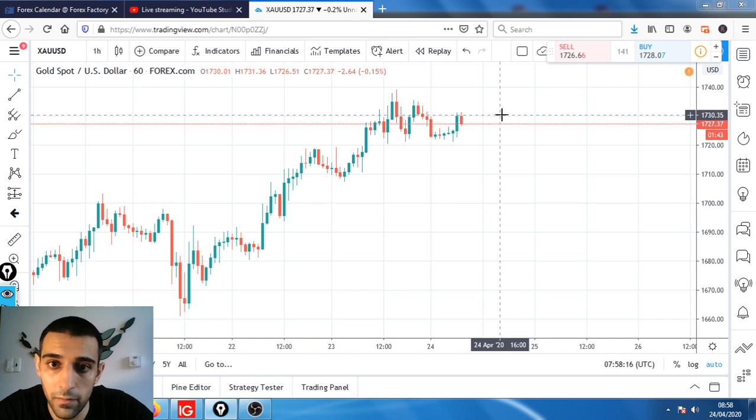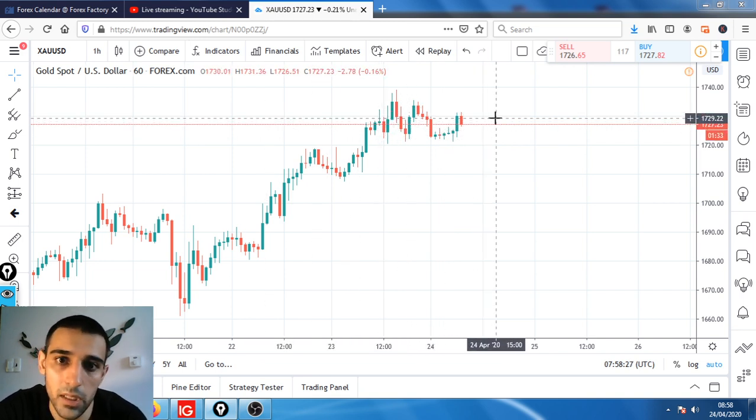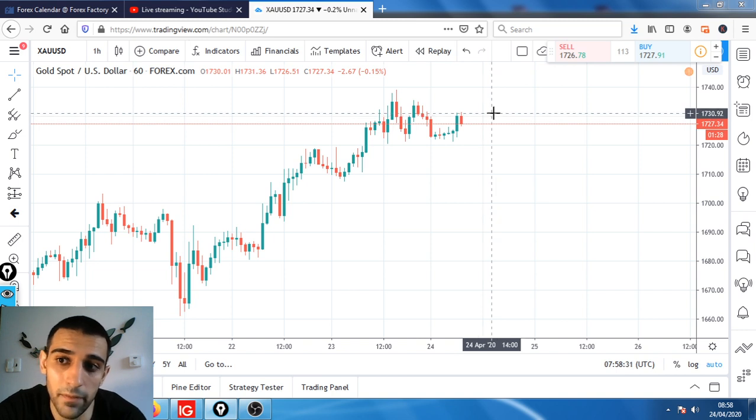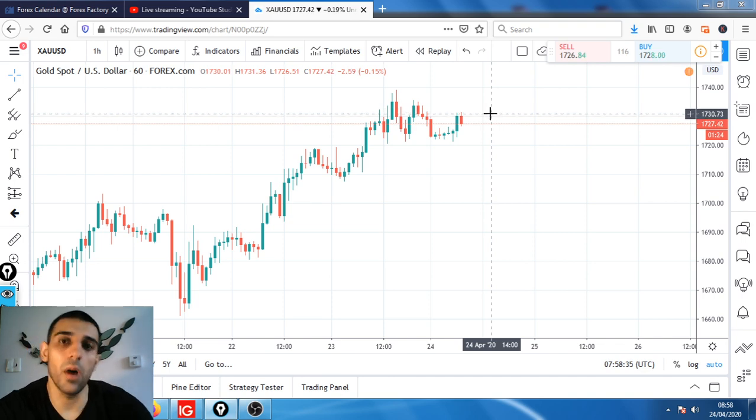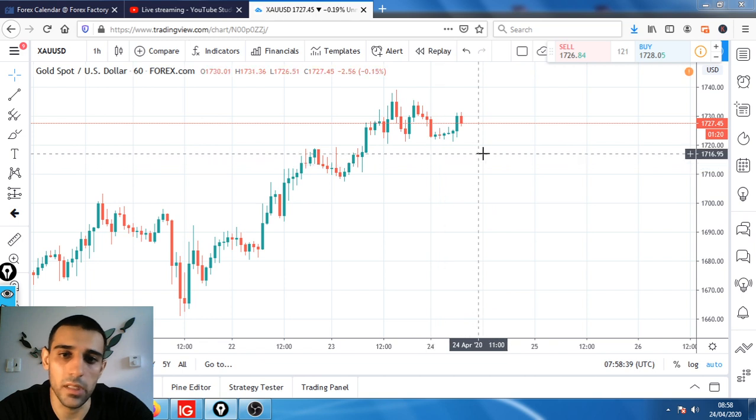So at 126, you can get an even tighter stop. Let's say 4. Yeah, you can get a 4 pip stop loss, but then you're leaving it to chance, as there's a good chance the price can chop around and take out the stop loss. So you can give it a 4 pip stop loss, or maybe 5. Yeah, 5 will be the maximum because we want to meet the risk reward requirement, ideally at least 1 to 2.